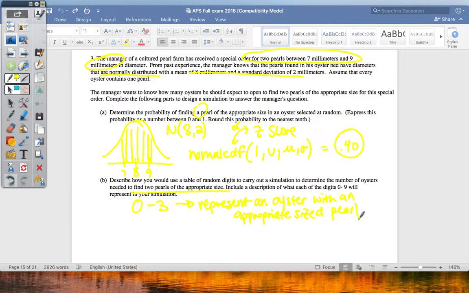Okay. 4 through 9 would be not a pearl that is appropriate size.